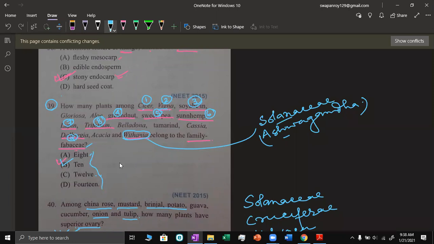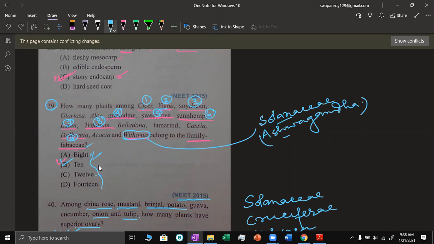This question is actually wrong. When this type of mistake is there, they later assign the marks to all.